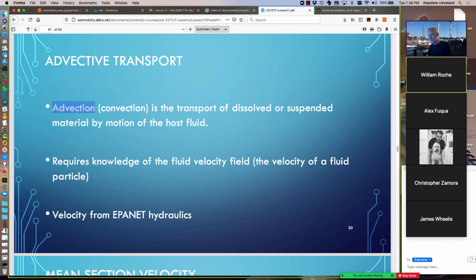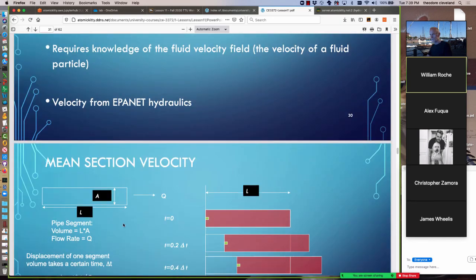To simulate these, we have to know the fluid velocity field, and by velocity field, that's both the speed of the fluid and direction. Well, in pipeline hydraulics, direction is pretty much guaranteed because we built a network in the model, and velocity is directly computable from the discharge in each of the pipes and the pipe cross-sectional area.